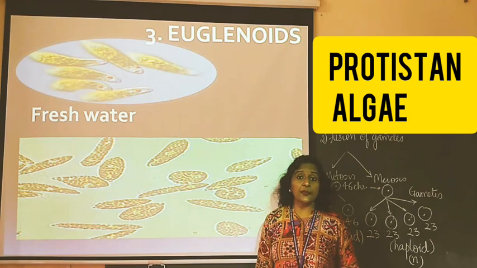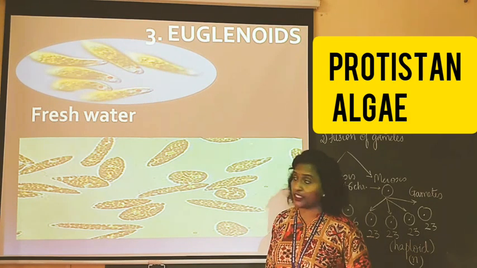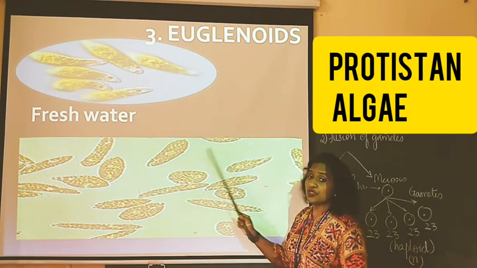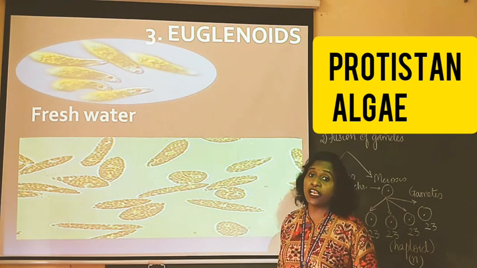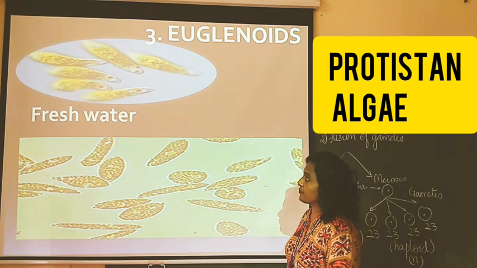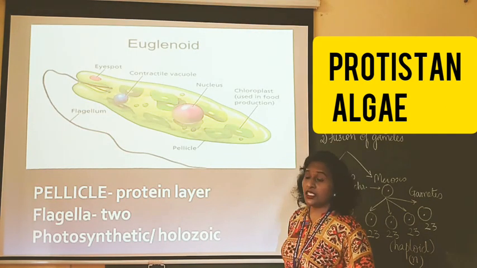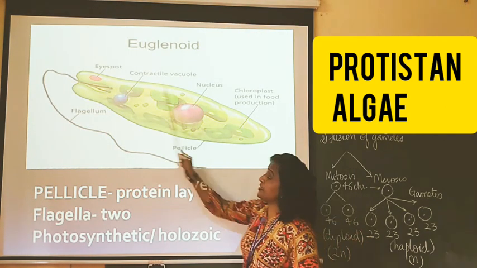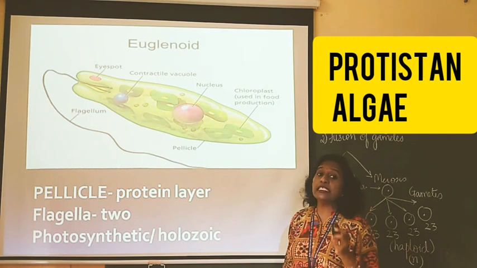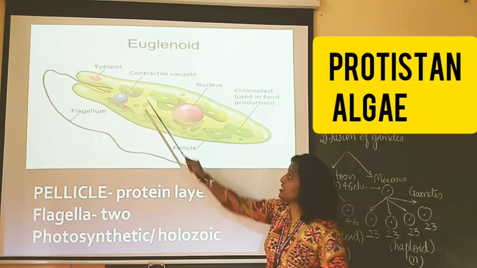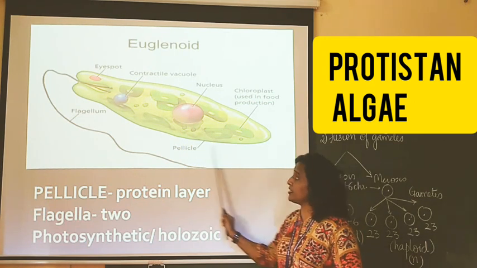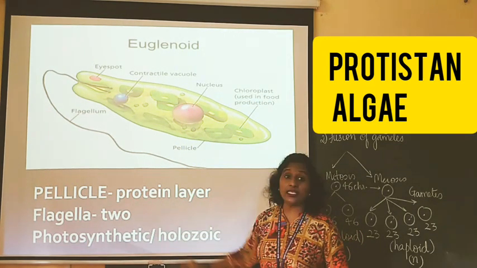The third type is Euglenoids. These are a few species of Euglenoids. They are fresh water types. The Euglenoids are devoid of a cell wall. In place of a cell wall, there is a proteinaceous layer called the pellicle.